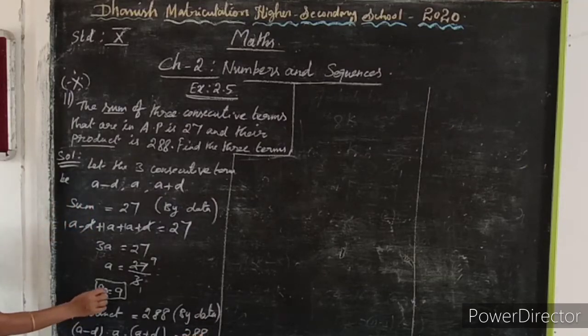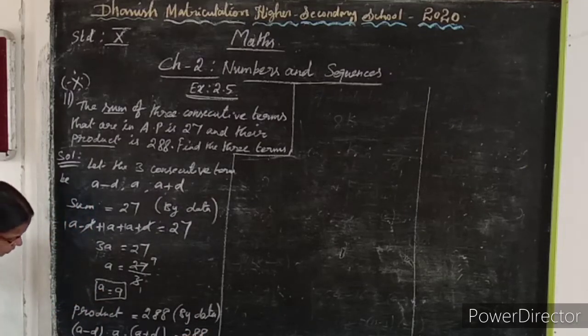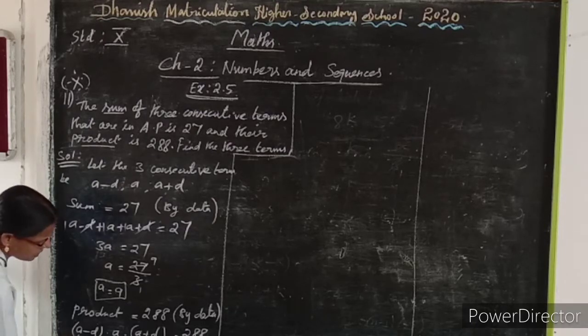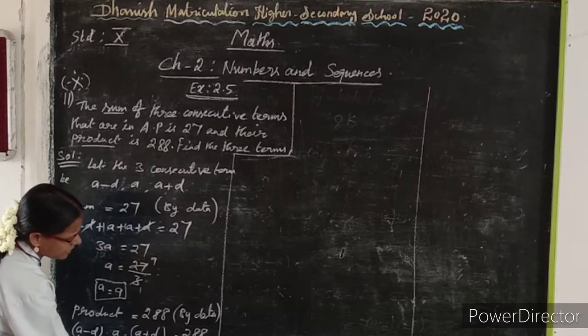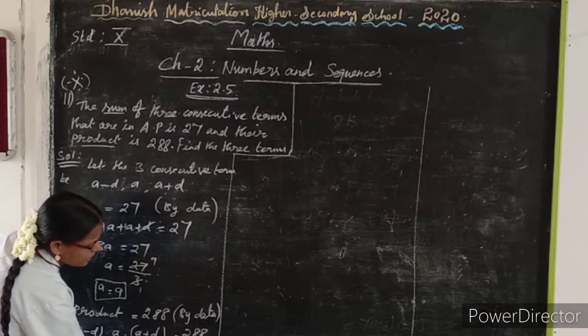So a is what? 9 here. So substitute 9 minus d into 9 into 9 plus d is equal to 288.